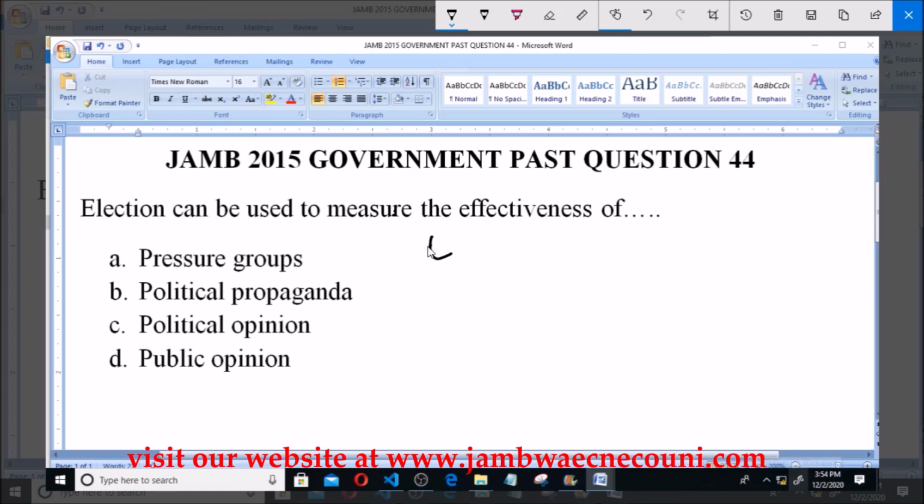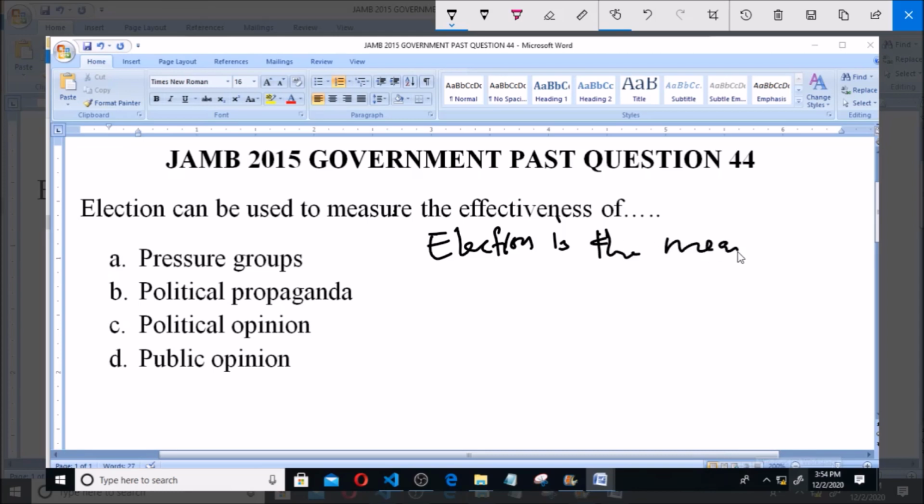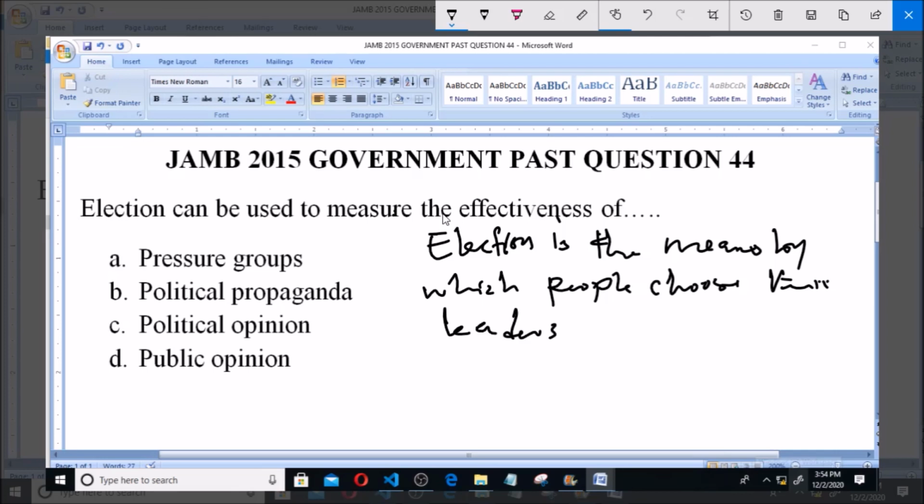And when we talk of election, it is the means by which people choose their leaders. So, we can use election to measure the effectiveness of A, say prayer groups, no.